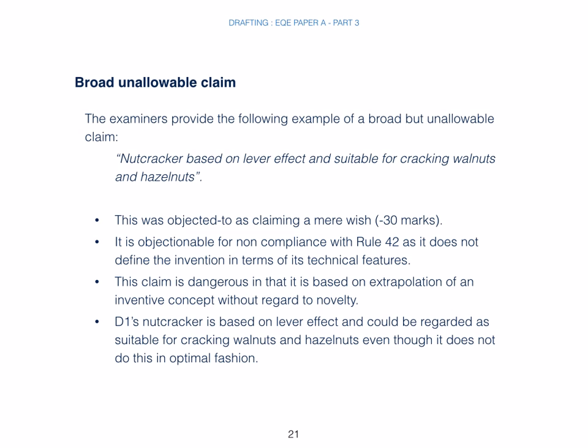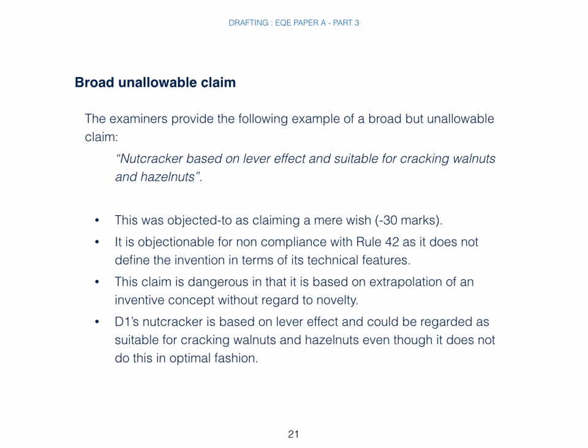We'll see below. The claim does not comply with Rule 42 because it does not define the invention in terms of its technical features. A lever effect and suitable for cracking walnuts and hazelnuts are not technical features of the Nutcracker. The claim is dangerous in that it is based on an extrapolation of an inventive concept without having any regard to novelty.